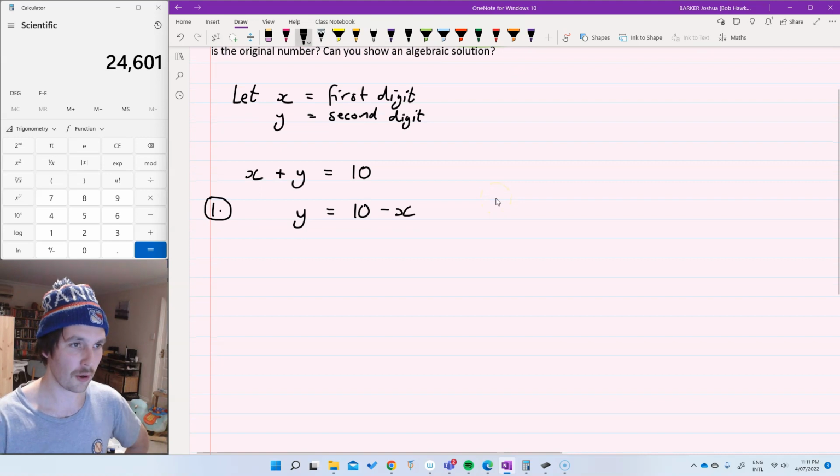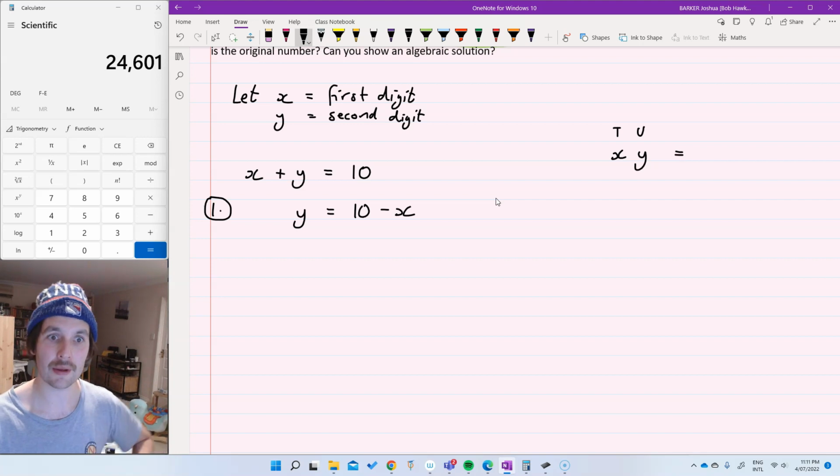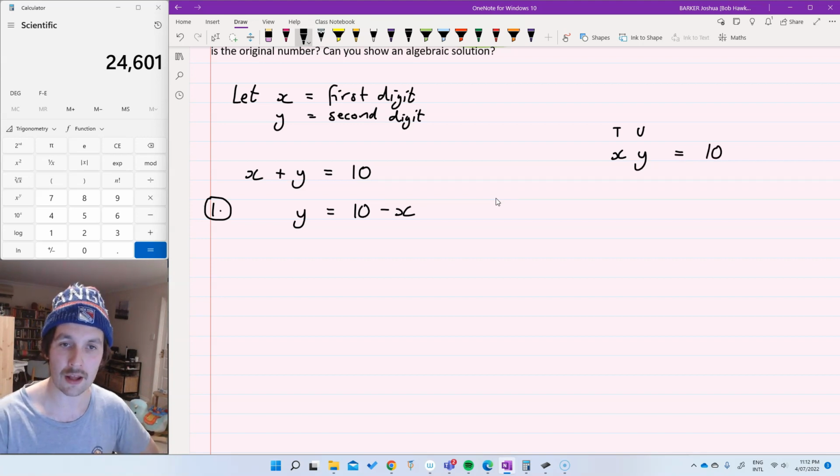For our first number, we've got x in the tens column and y in the units column. So the actual value for that number is going to be 10 multiplied by the number in the tens column, that's how many tens we've got, plus y because that's how many units we've got. So that's for number 1, the original number.